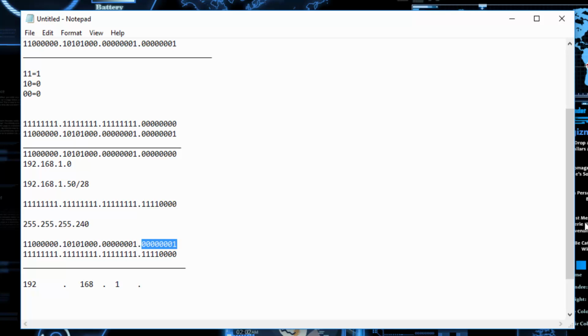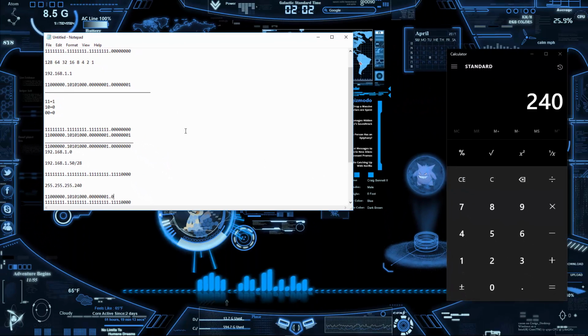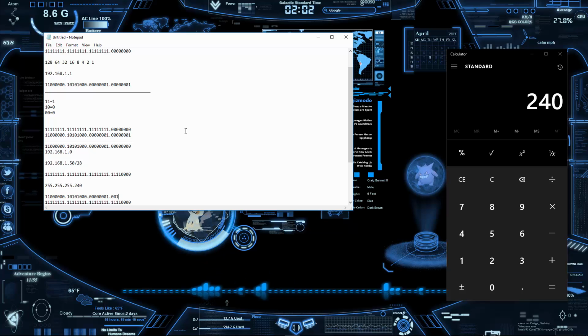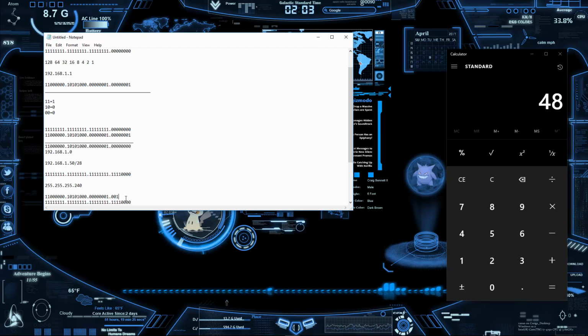As far as that goes, for the IP address, we use the math form as above. 128 doesn't fit in 50, 64 doesn't fit in 50, 32 does. 32 plus 16 equals 48, so that'll be a 1. Plus 8 equals 56, so that won't be it.